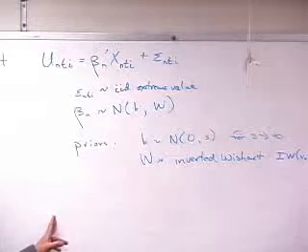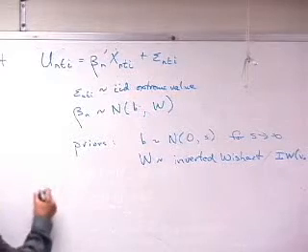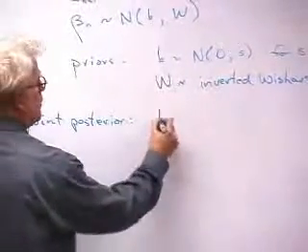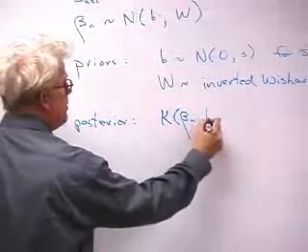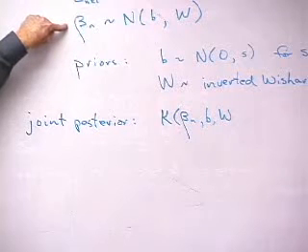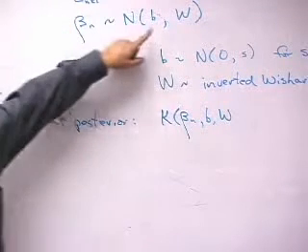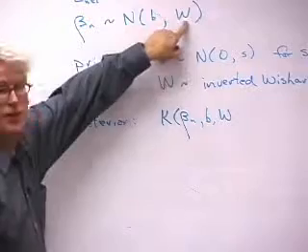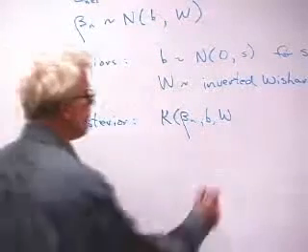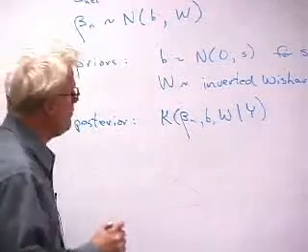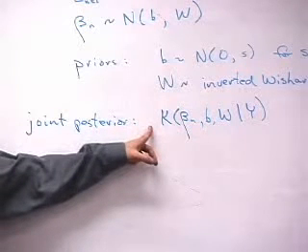So now what this gives us is three sets of parameters we can think in terms of. We can have the joint posterior of beta n, b, and W. These are all things that are parameters out there in the world that we don't know: the beta for each individual person, the mean of betas in the population, and the W. We have a joint distribution for all of these, and we could try to draw from this.